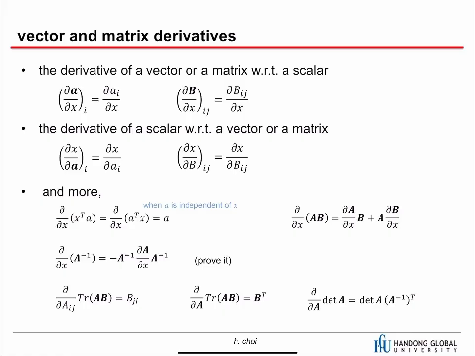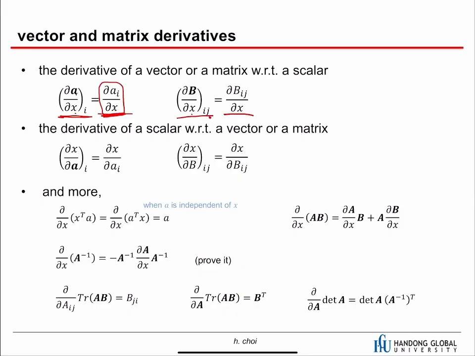Then when we take a derivative of this A with respect to x, a scalar variable, this is actually a vector, and each element of the vector is this one. And if B is a matrix and we take a derivative with respect to a scalar x, then it is a matrix, and the element at ij is this.